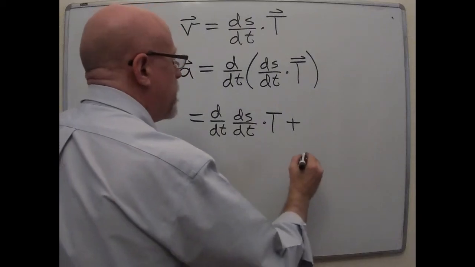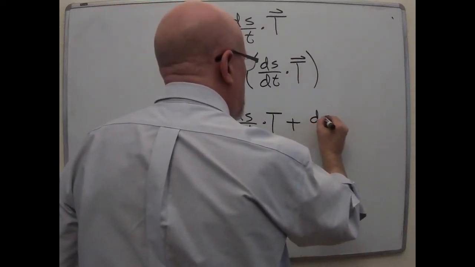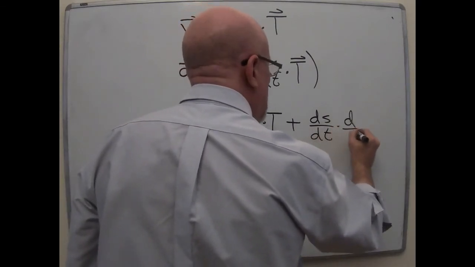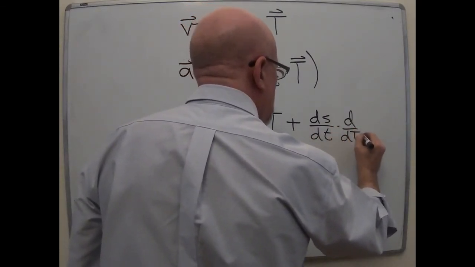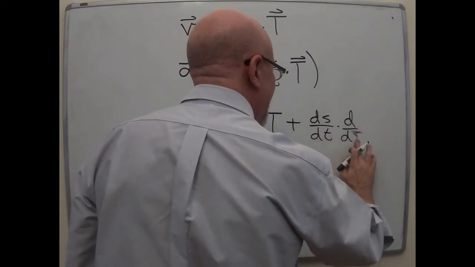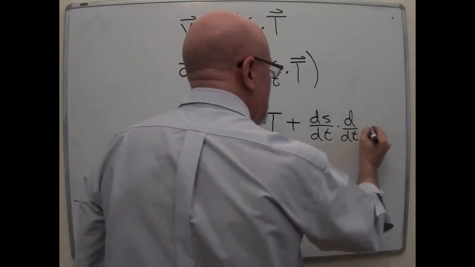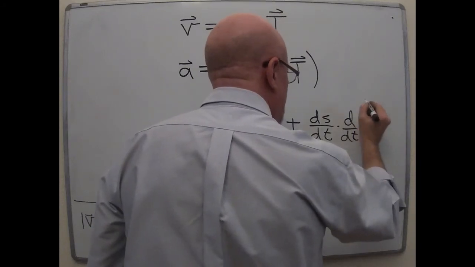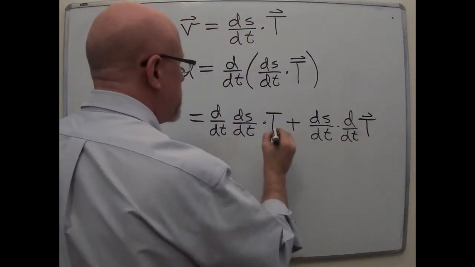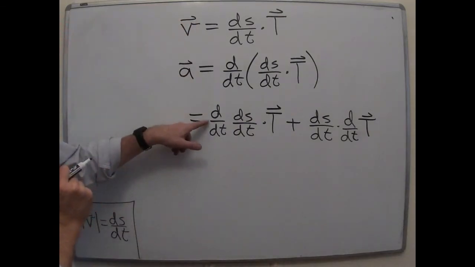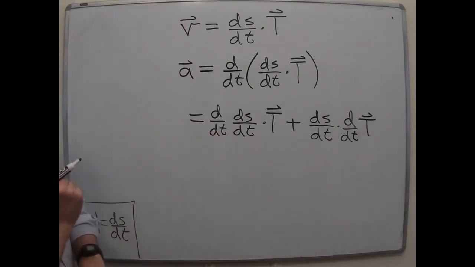plus ds dt times d by dt of T. Whoops, wrong T, I was trying to use the capital T there, that doesn't belong. There we go. And as usual, I forget vector arrows as I go. Well, what is the time derivative of ds dt?